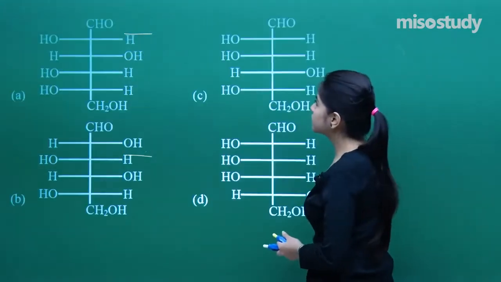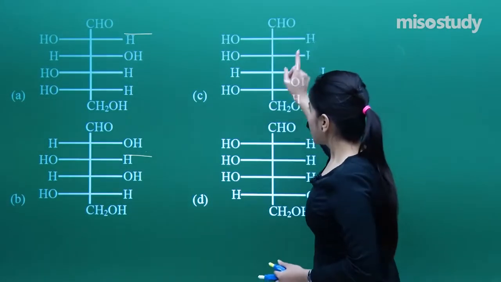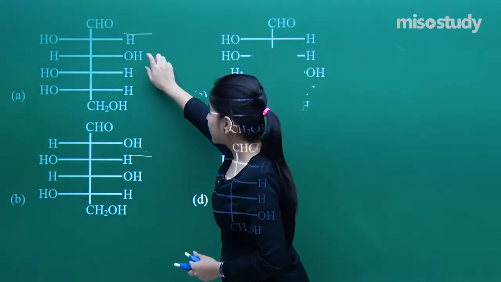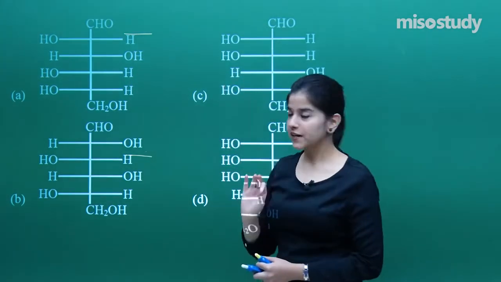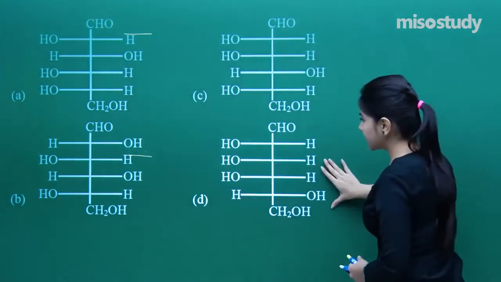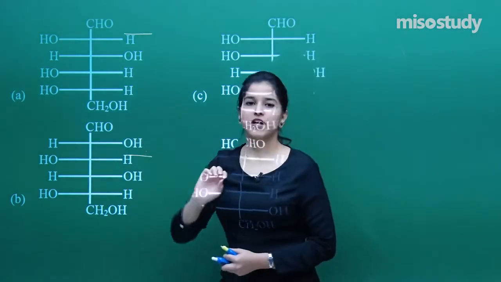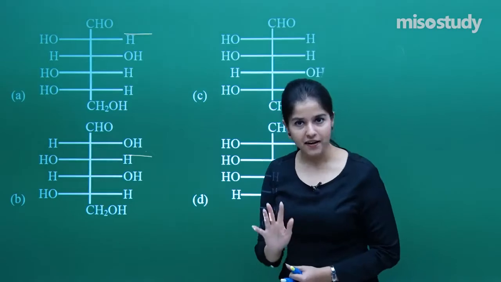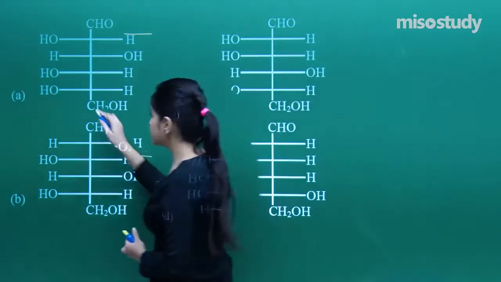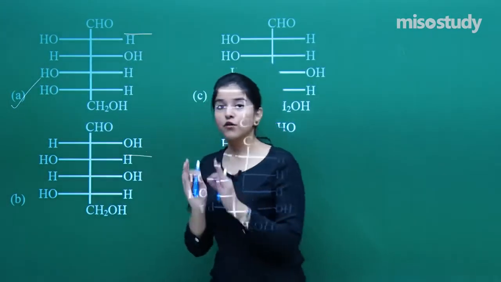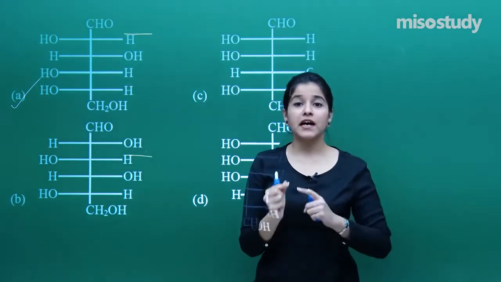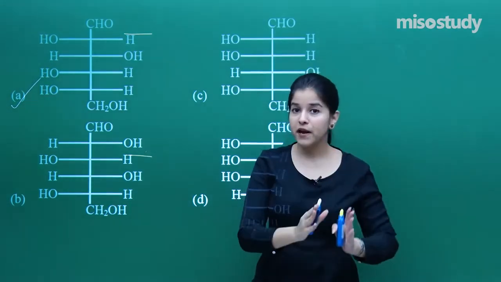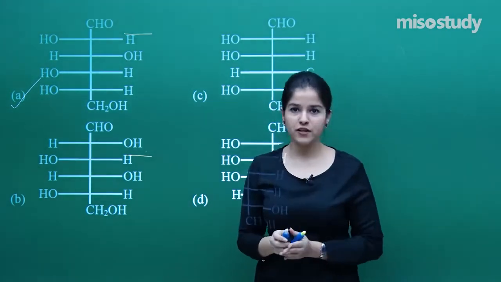OH towards the right, that is the only option that we are getting, and you can compare the others as well. There is no such option that we have obtained. So this is the answer. I hope everybody has got it. You just need to look carefully at what they are actually asking, whether it's plus or minus. So just be very careful.